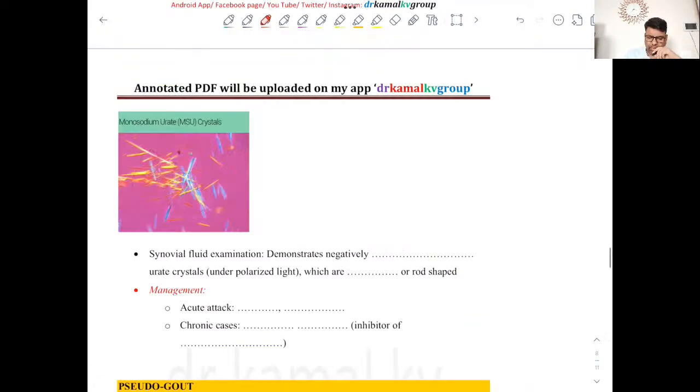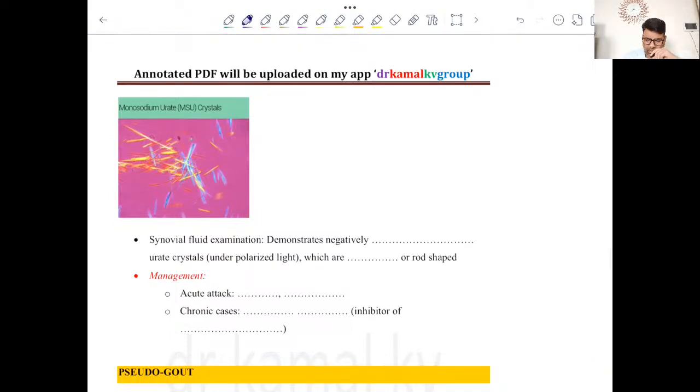Now we can do synovial fluid examination and we will see negatively birefringent urate crystals. Okay, so we can see these yellow colored crystals.